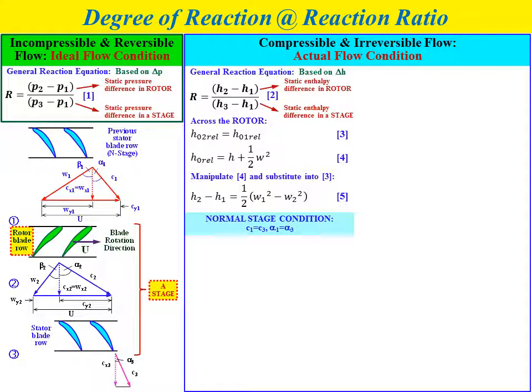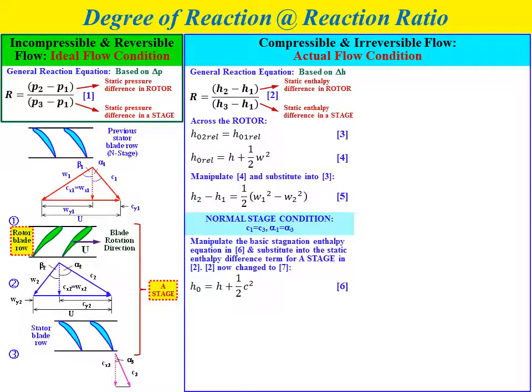If we consider the normal stage condition in order to simplify the analysis, the normal stage condition refers to the inlet and also the outlet condition of a stage at constant condition, where C1 equals C3 and alpha 1 equals alpha 3. So manipulate the basic stagnation enthalpy equation in equation number 6 and substitute into the static enthalpy difference term for a stage in equation number 2.